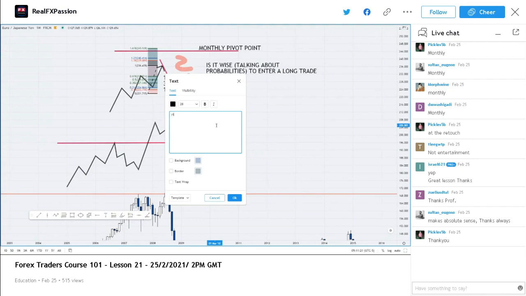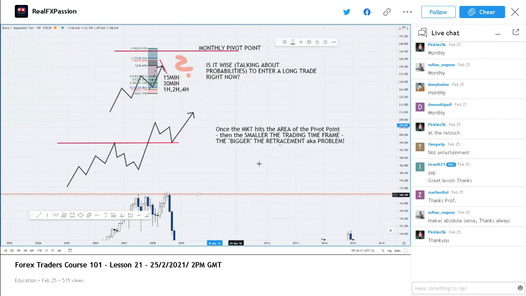Once the market hits the area of the pivot point, the smaller the trading time frame, the bigger the retracement, aka problem.